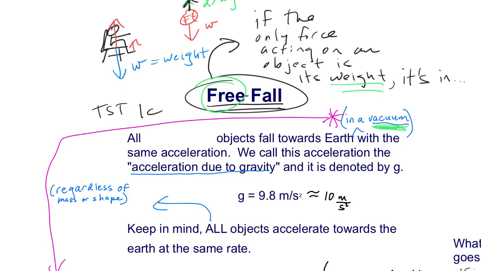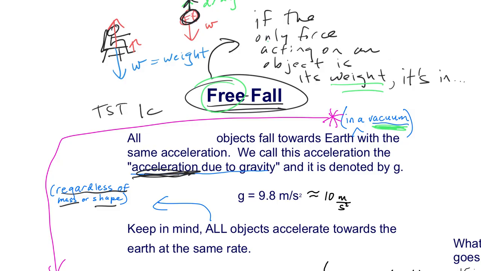Okay, so all objects will fall towards the earth. They'll accelerate because the only force acting on them is their weight. And we call that acceleration that any object has, regardless of mass or shape or density, the acceleration due to gravity. Some people call it gravity. It's not gravity, it's the acceleration due to gravity.